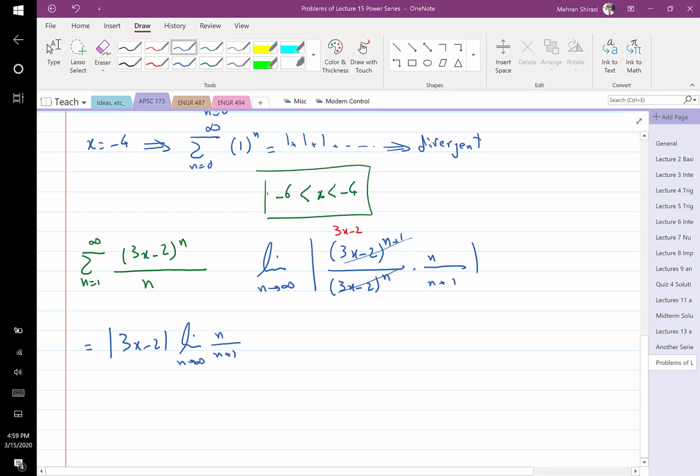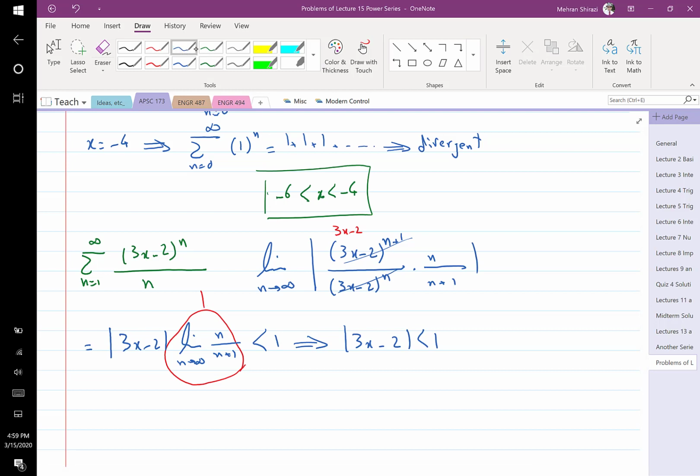We would just want this to be less than 1, right? So the limit of n over n plus 1 when n goes to infinity is 1. Therefore the whole limit is less than 1 when the absolute value of 3x minus 2 is less than 1, because this thing is 1 when n is big, so we don't need to worry about that.